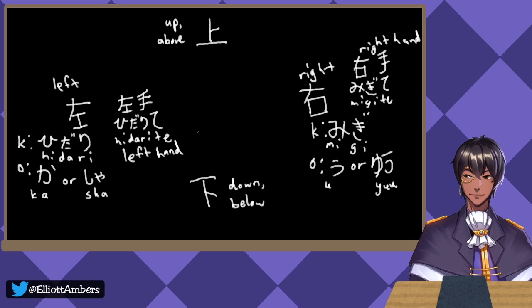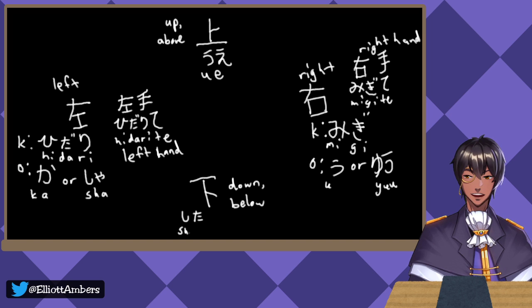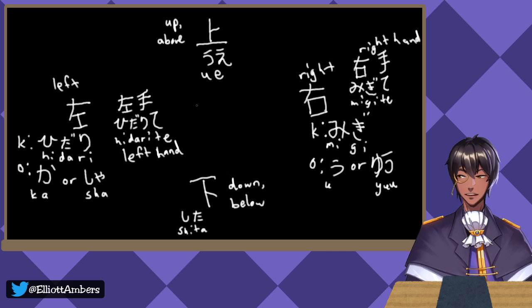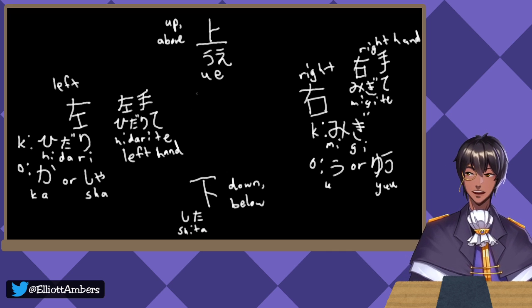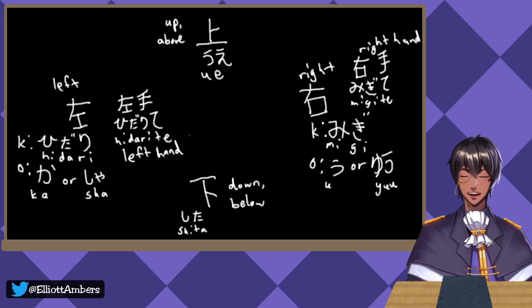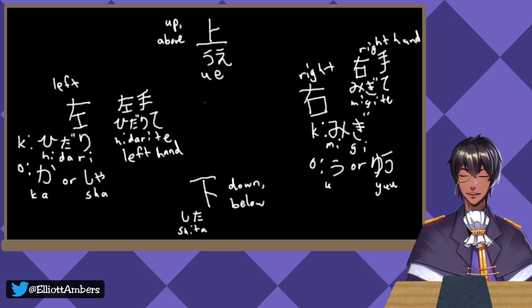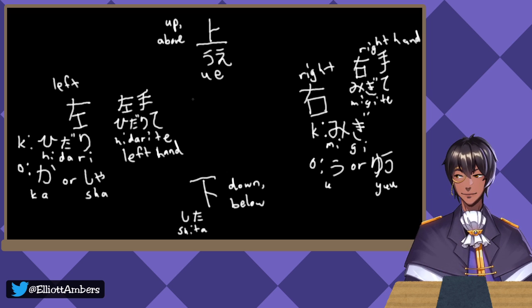When we say above, we say ue. And for down, we say shita. So if you're saying something is above something, on top of something, or something's up there, it's ue, while down is shita. I don't want to spend too much time with the large amount of readings, but that's the most common reading that you'll see for the directions there: up, down, left, and right.